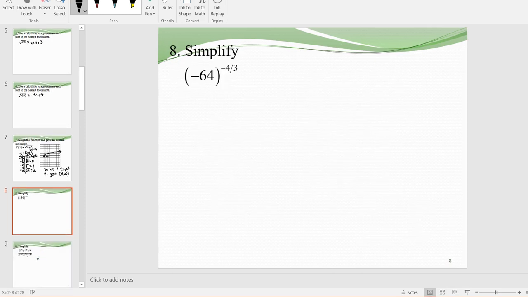Simplify. Okay, so this is one where I'm going to rewrite it. What's our root? Remember, the root is the denominator, so the third root of -64. Now we have to decide, do I want that fourth power out here or out here? We're definitely going to want it on the outside. In fact, I think I just made a mistake, because I just noticed that the exponent is not just a fraction, but it's also negative.